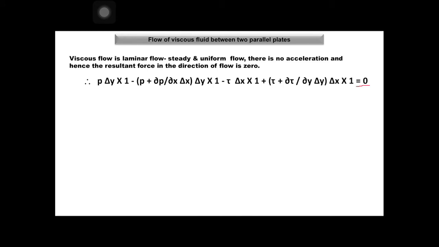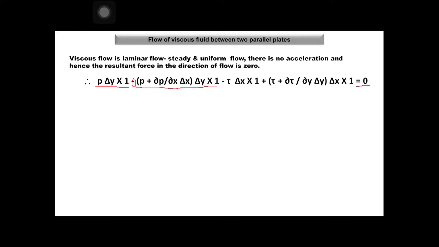So you can see here P into delta y into 1 is the force acting on the face AB. Similarly, another force acting opposite to that of the flow direction is the second force. Because it is acting in the opposite direction, the minus sign will come into the picture.